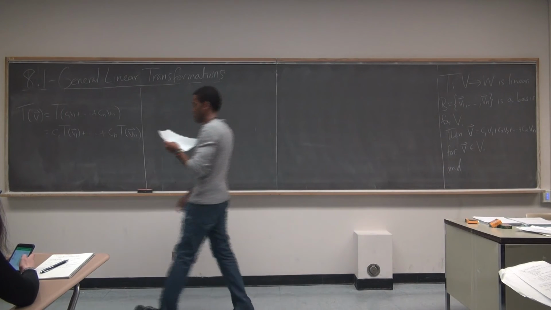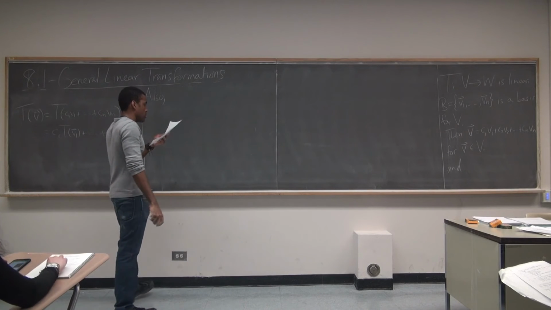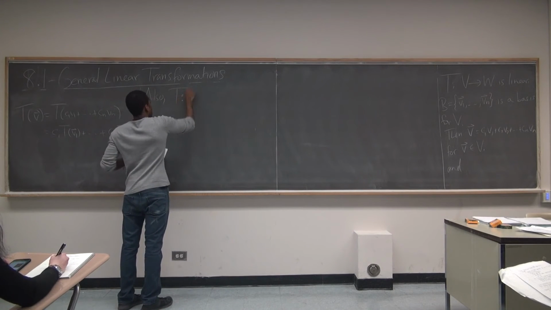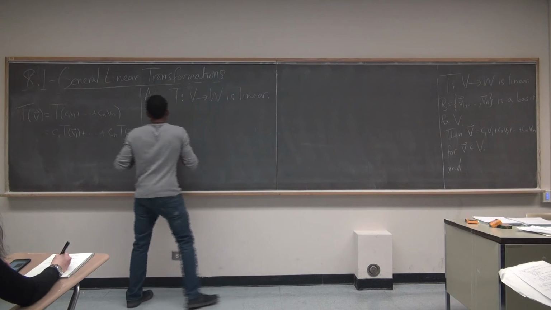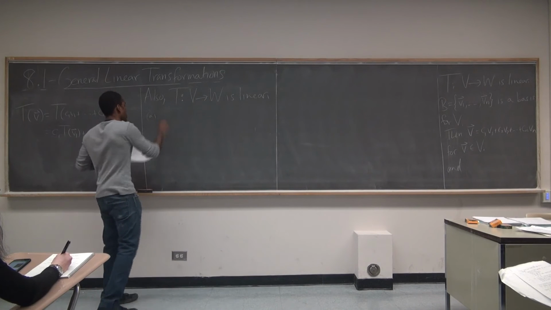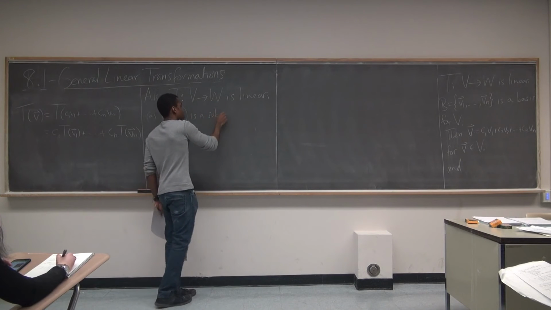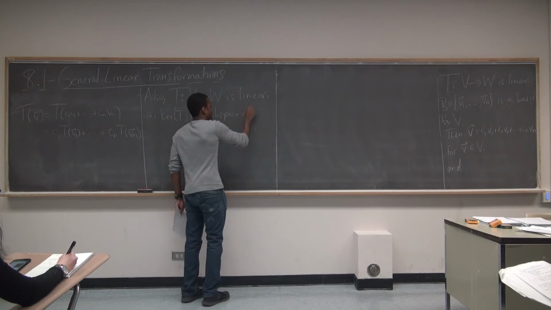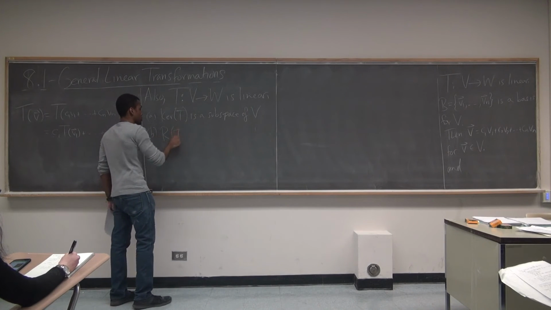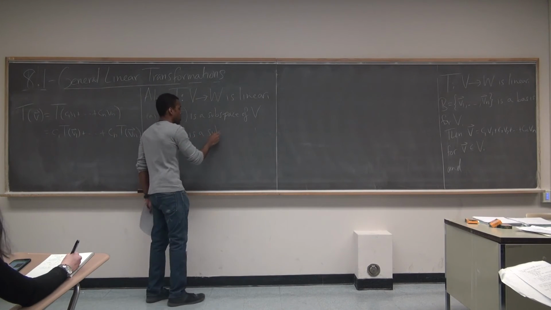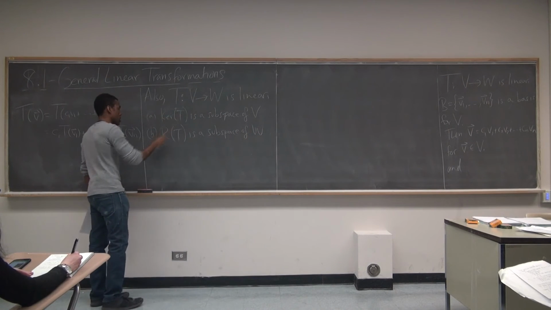We also know the following. T from V to W is linear. A. The kernel of T is a subspace of V. B. The range of T is a subspace of W. Which means these are vector spaces in their own right.